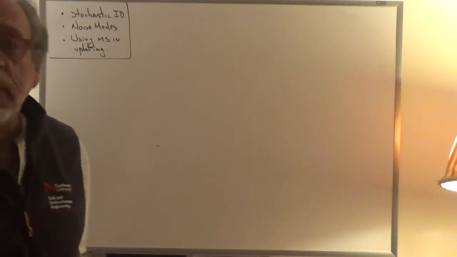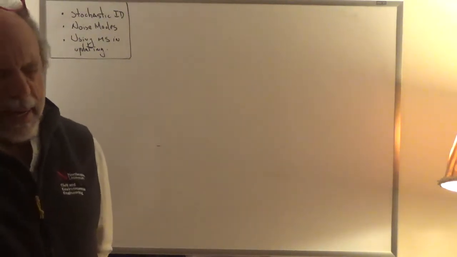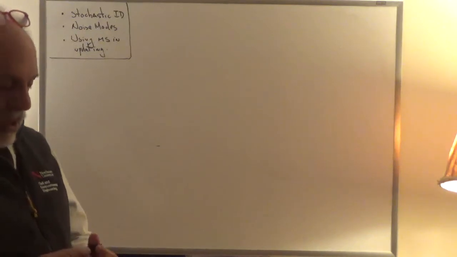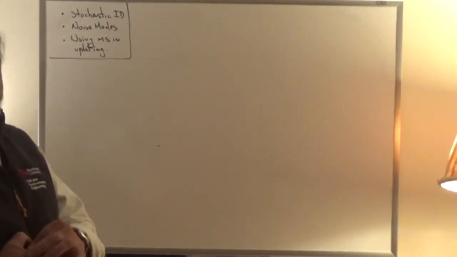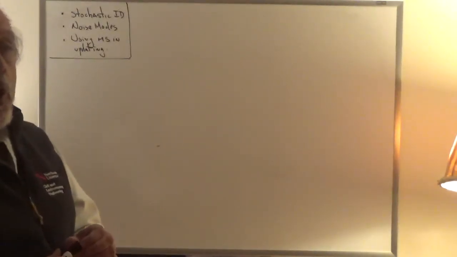So we begin today with the issue of stochastic identification. Namely, there are many instances in practice, especially in civil engineering, where it is not possible to apply a load to the structure that you can actually have control over and measure.